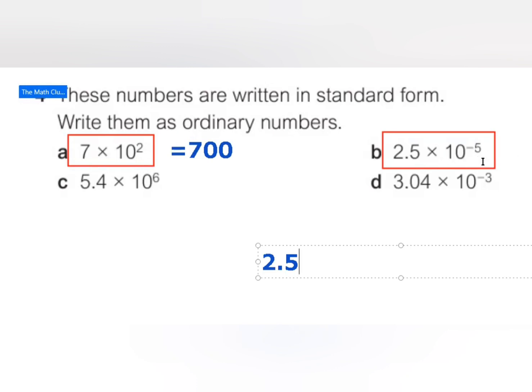Now 10 power of negative 5 means you have to move the decimal point to the negative side. The decimal point is here, as we see. Now we're going to move it to the side of the negative part.